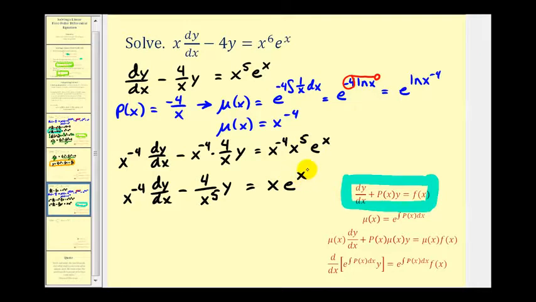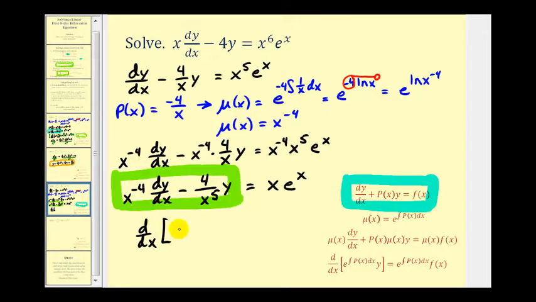So again, the big connection here is that now the left side of this equation is equal to the derivative of the integrating factor times y. Well, the integrating factor was x to the negative 4, and then times y. So these two are equal.